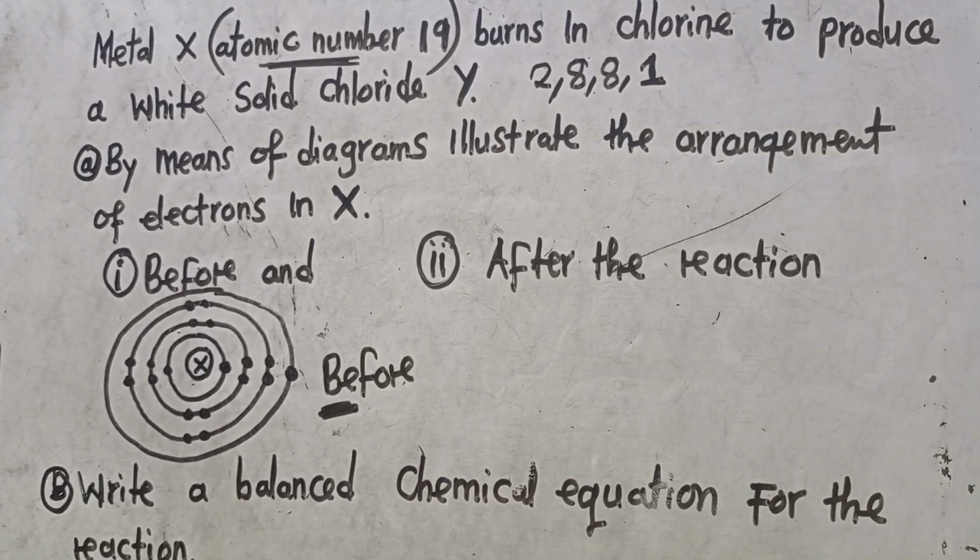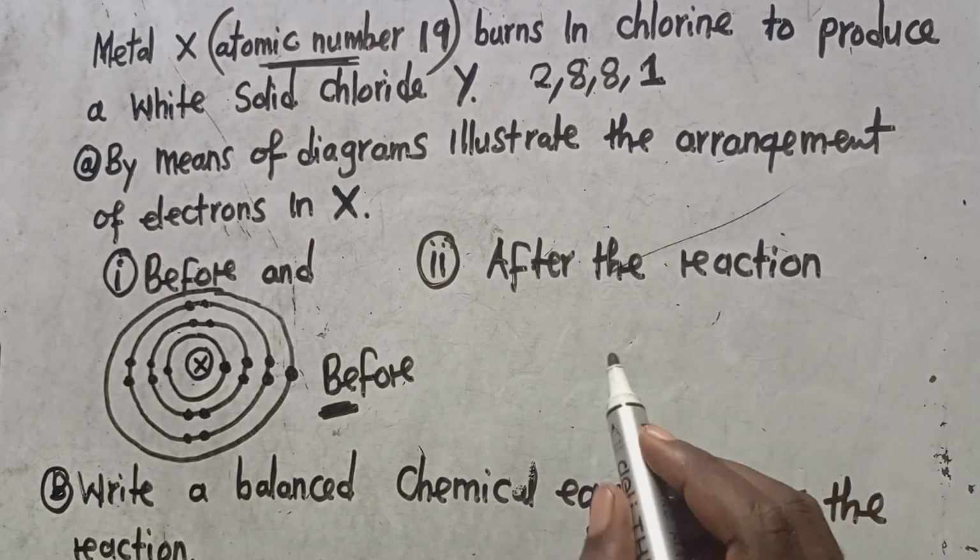Now after the reaction, meaning it has now become charged, it has either lost or gained electrons. You know that for metals to be stable, they lose electrons. So this one is going to lose the electron in its outermost shell.